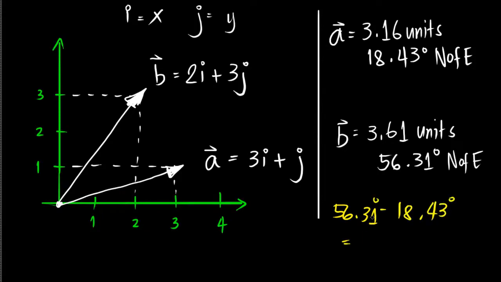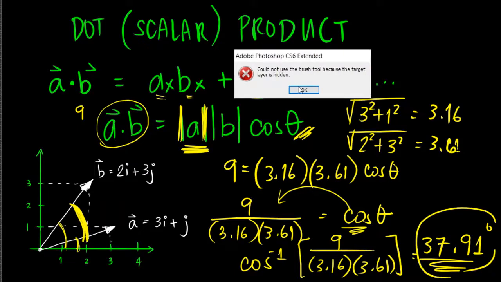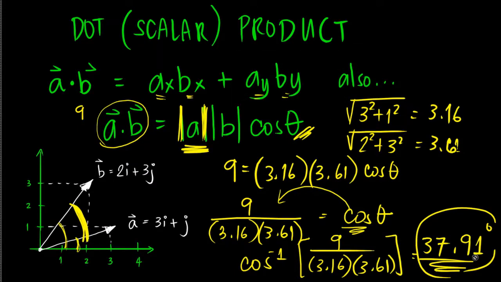Let's check. 56.31 minus 18.43 is 37.88, which is kind of weird, versus 37.91 from the dot product. Since we rounded off the values of the components earlier, our answer is somewhat rounded off, but at least it is close.